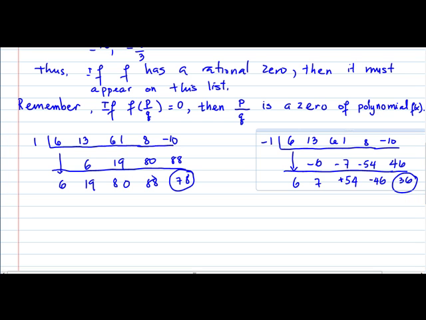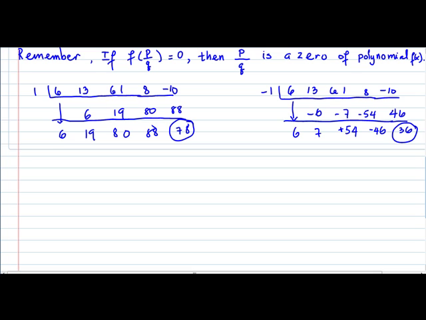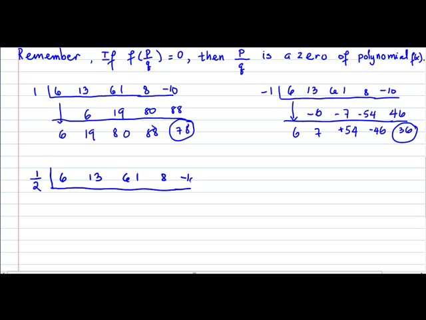So that means this number 1 here is not good, so I cross it out. Now I'm going to try 1/2 and do the same thing. This method is quite quick. Using synthetic division, I have 6, 13, 61, 8, and -10.